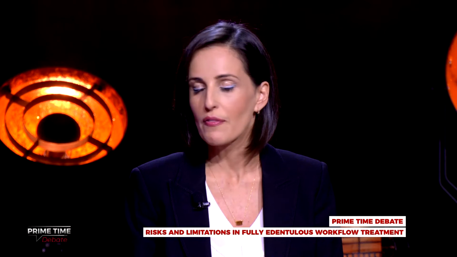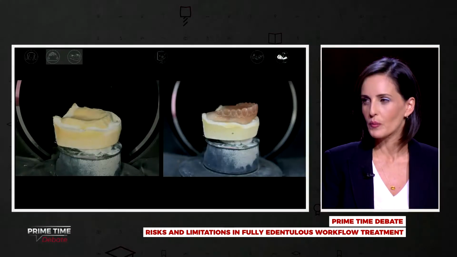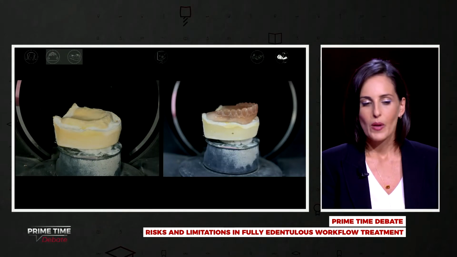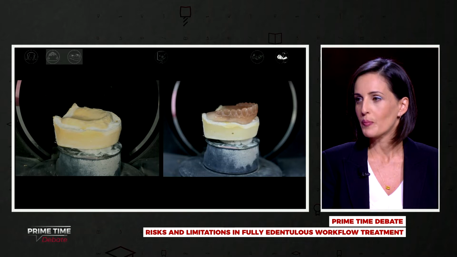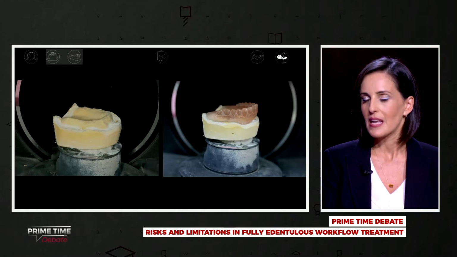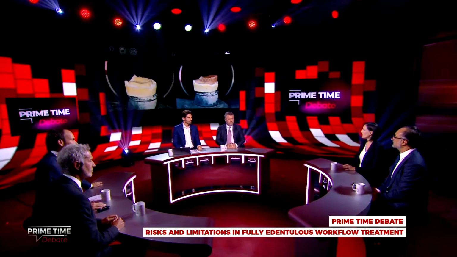Well, sometimes we can use the old denture as a reference, as a wax-up, but we should be very careful when we use a denture as a wax-up. We have basically two main problems with that. The first is that we have to make sure that the denture is designed the same way that we want the final denture to look.